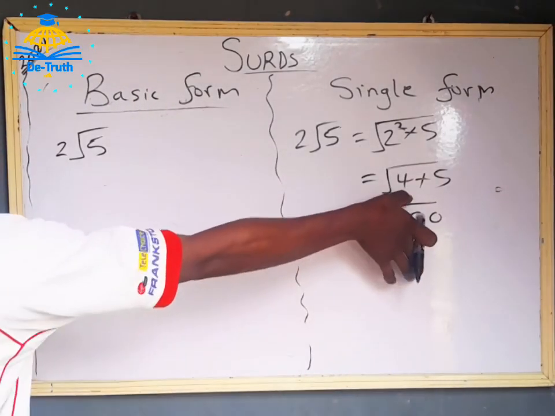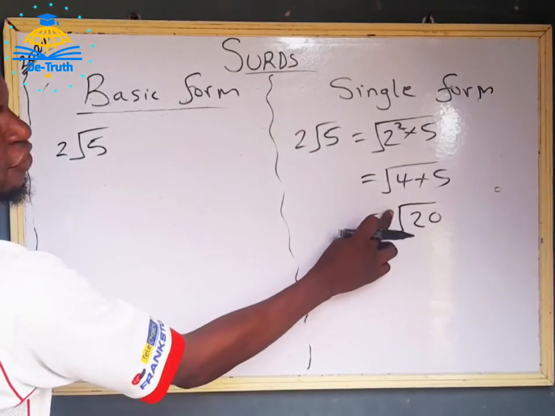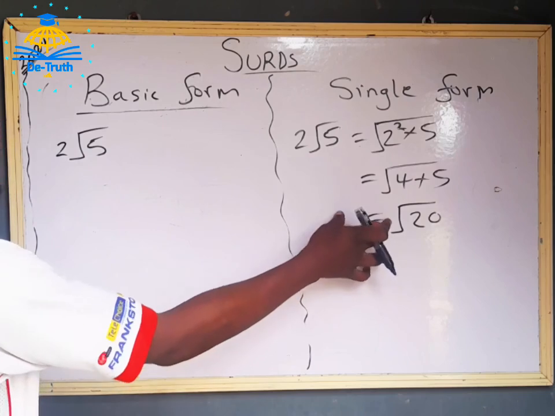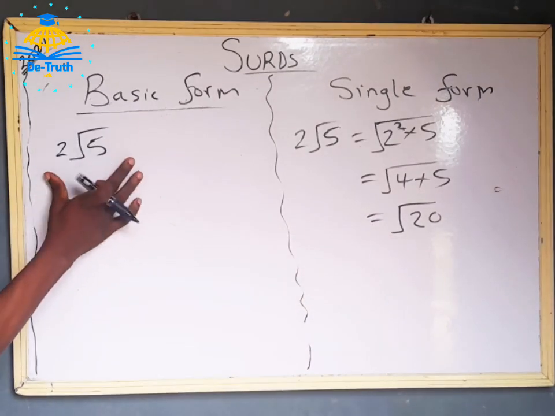So this is now the single form of the root. As you can see, we don't have any number outside. Actually, we have a number outside, but the number is 1, so you don't need to write it. Unlike this one, where we have numbers other than 1. This is a basic form.